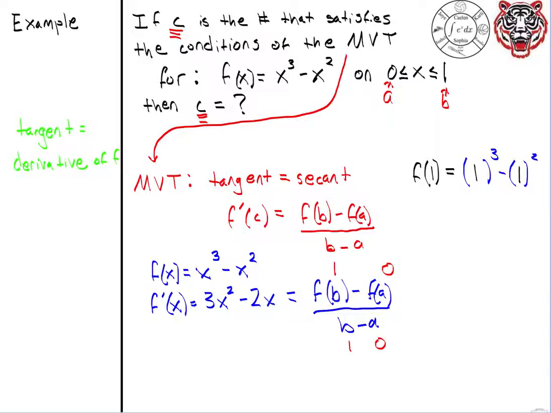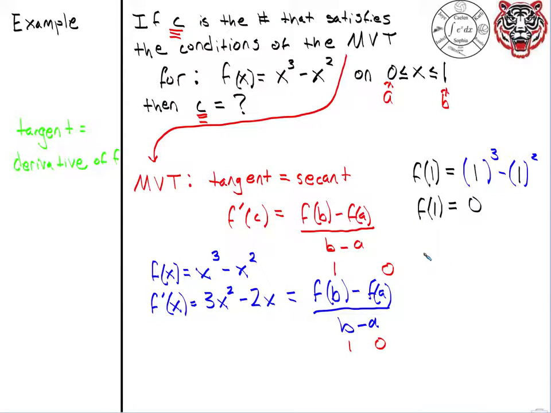And Joy correctly stated that f of 1 is equal to 0, because f of 1 equals 1 cubed minus 1 squared. Yep. This is kind of like review almost. That makes me happy, that means we remember it pretty well.